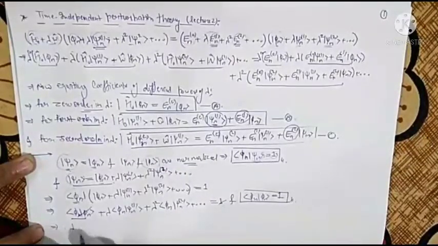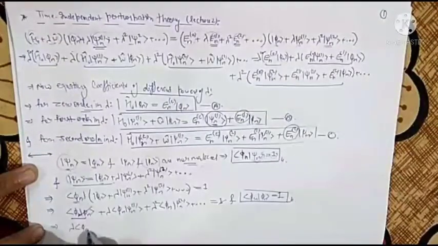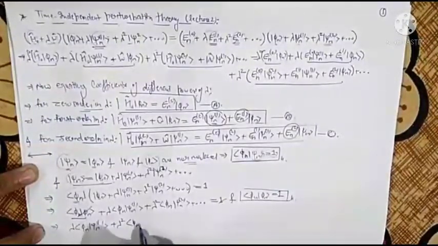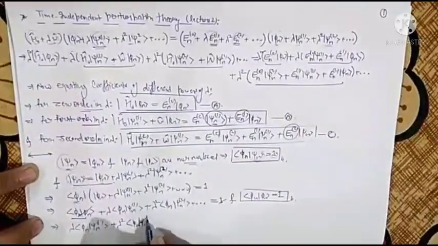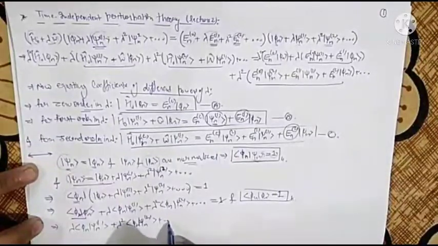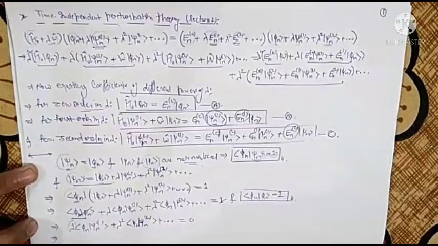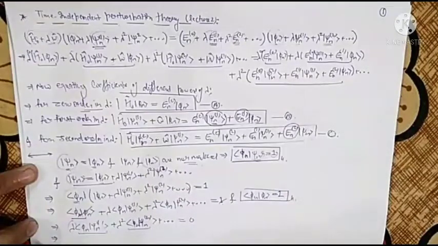So it is lambda phi n psi n1 plus lambda square phi n psi n2 and so on is equal to 0. But this equation is a polynomial in lambda, and if this equation has to be true, then these coefficients separately have to be 0. It is just a mathematical consequence of this equation.